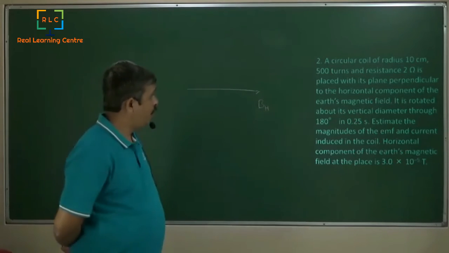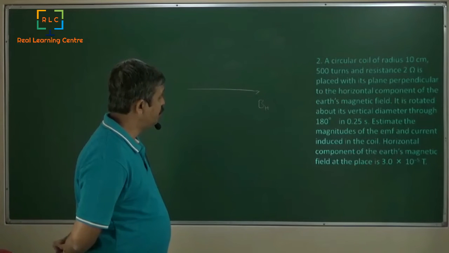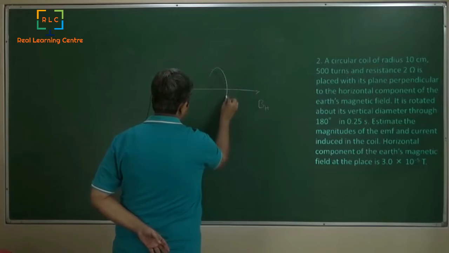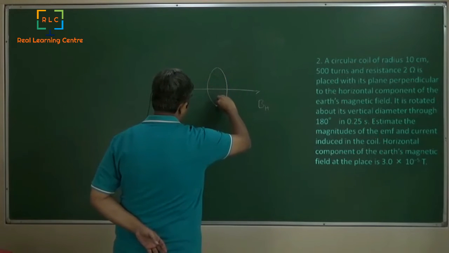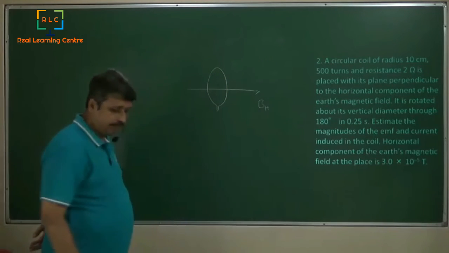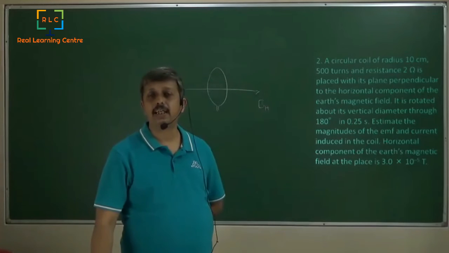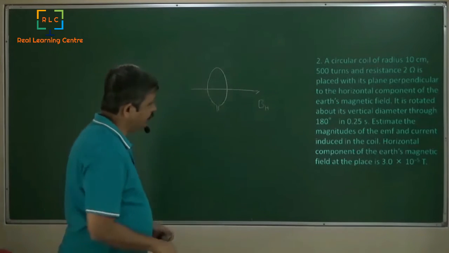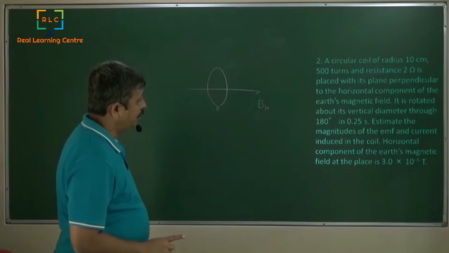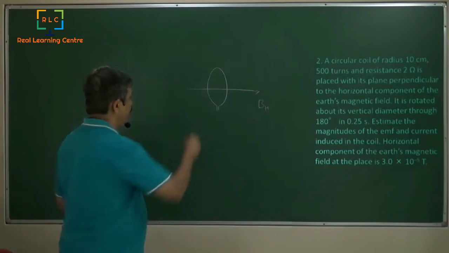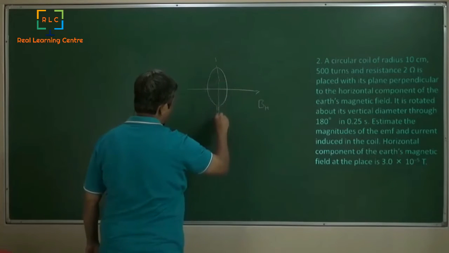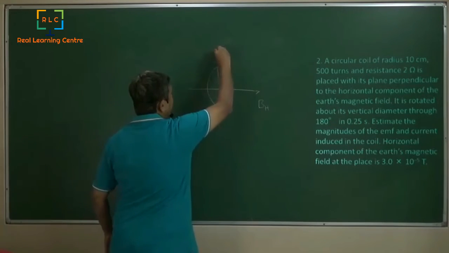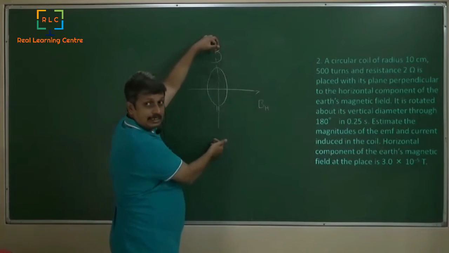Now what we have is a circular coil of 10 centimeters radius, some circular coil like this, and it is rotated about the vertical diameter. This is my vertical diameter.